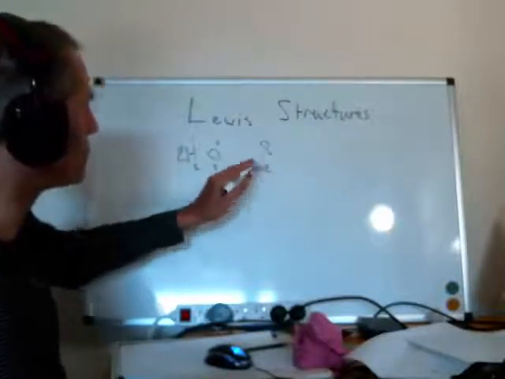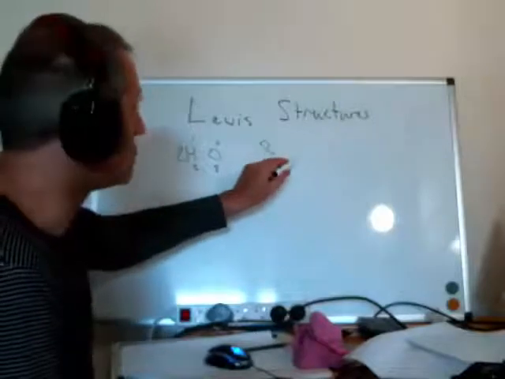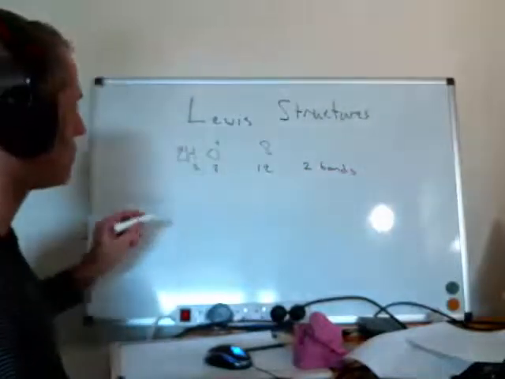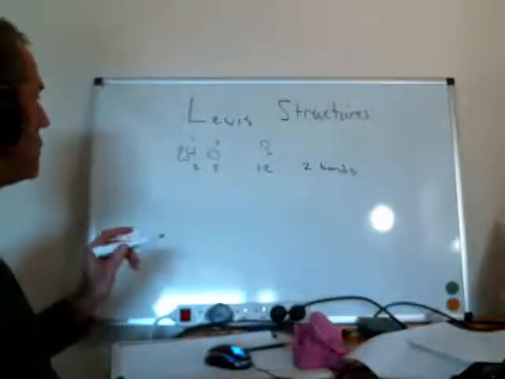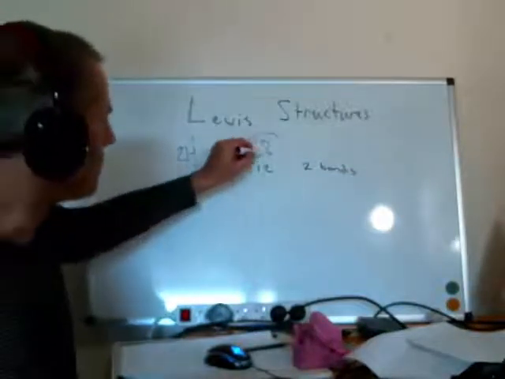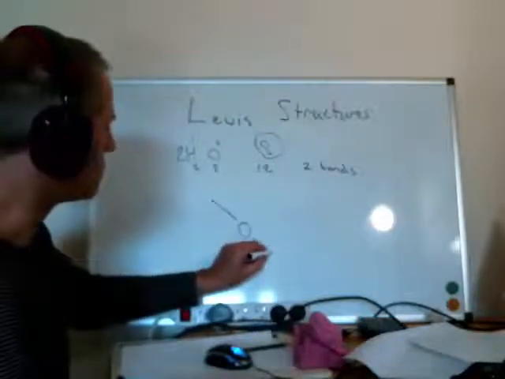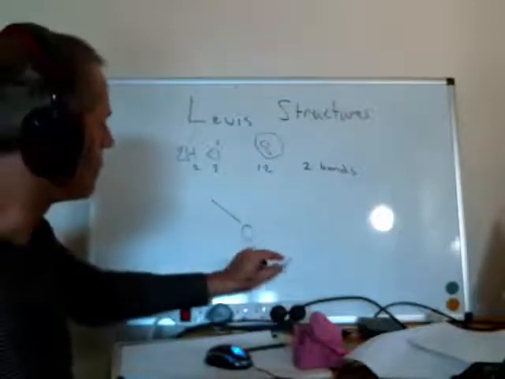We would like to have 12, which again gives us 2 bonds. Because we've got a 4 difference, that's unsurprising, we expect there to be 2 bonds. So we've got 8 electrons to put in. Let's put our oxygen in, let's put it straight to 2 hydrogens.